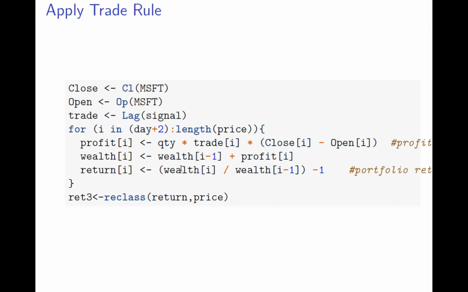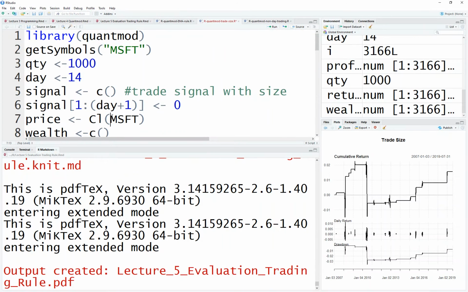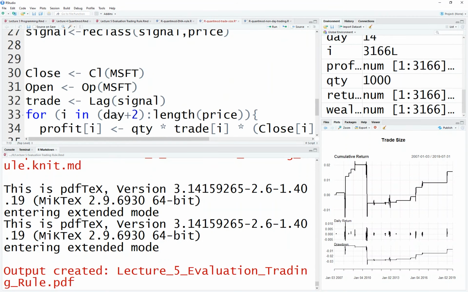The return each day will be the wealth of today over yesterday minus 1, and you put back the return with timestamp. Okay, this is what you see. You can chart the performance. Okay, and now here is all the code that are copied from the slide.